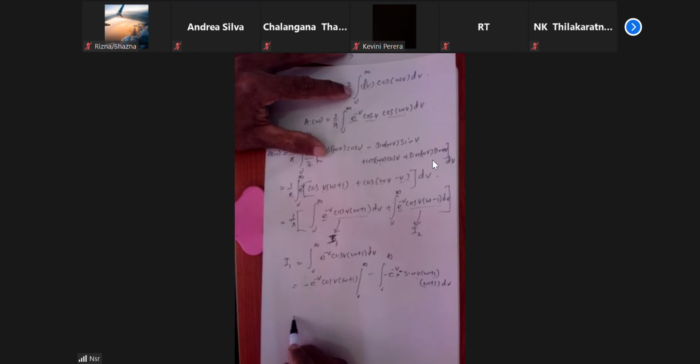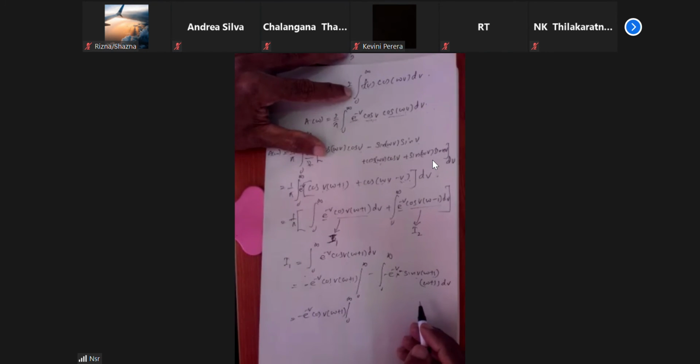Okay, for that I think I don't need help, that's simple. So then I take this part of it and simplify that one. Again, I will take the integration by parts: minus e to the power minus v cos v omega plus 1. I keep this value as it is. I can take the common value later on. This is minus times minus, that means omega plus 1 is the common value. And take the integral of the remaining function again.